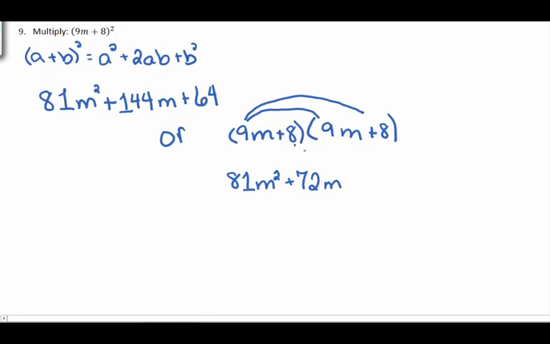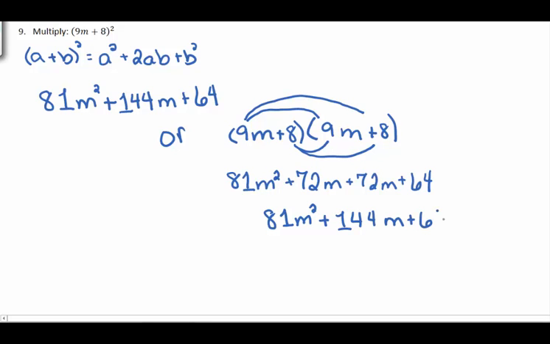The inner, 8 times 9m, is 72m. And then the last, 8 times 8 is 64. The middle two terms are like terms, and 72 plus 72 is 144m plus 64. So either way, we get the same answer.